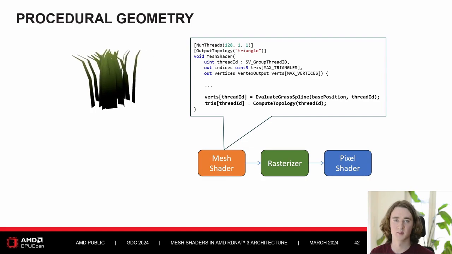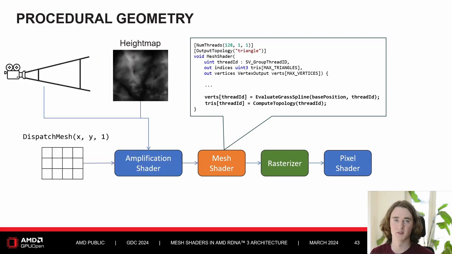But you can take the concept of procedurally generating it even a step further by combining it with an amplification shader. If you supply the amplification shader with the camera view frustum and, for example, a height map of your scene, you can sample positions on that height map in the amplification shader and only launch grass patches in the visible area.